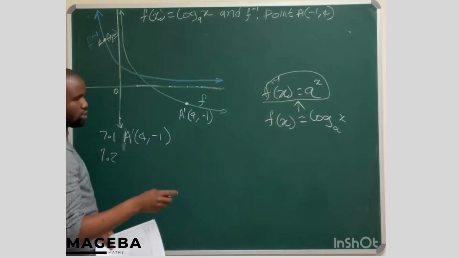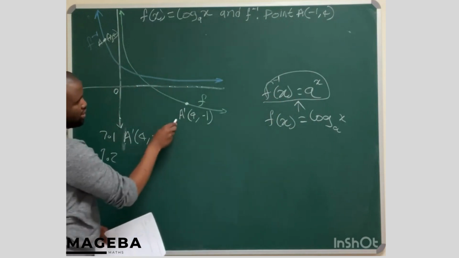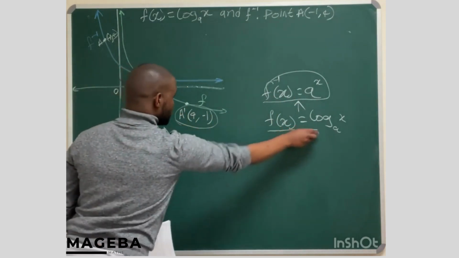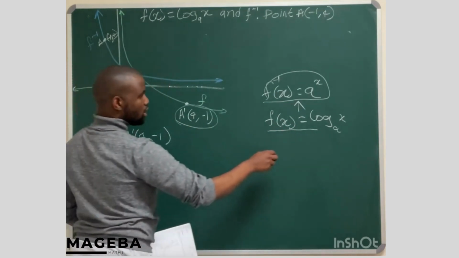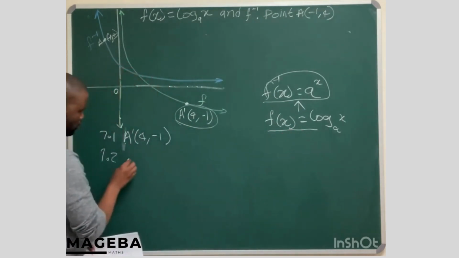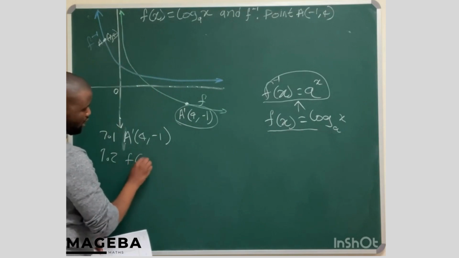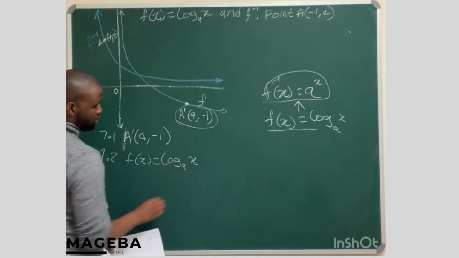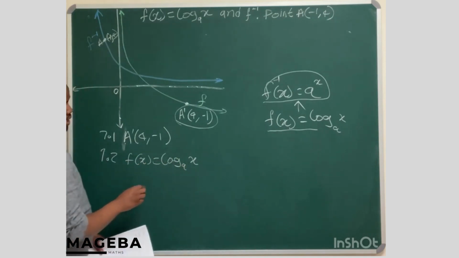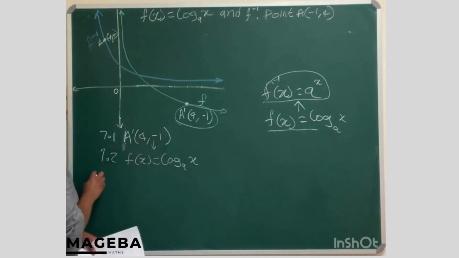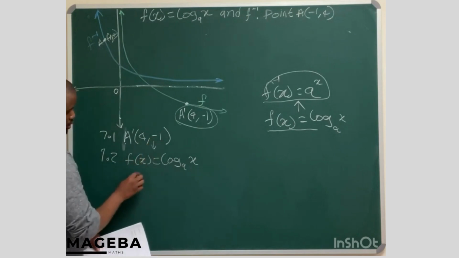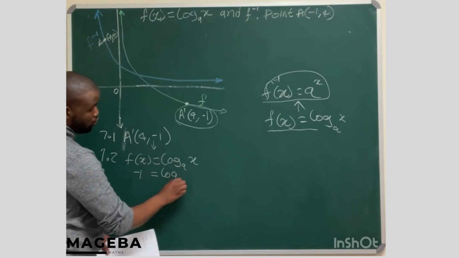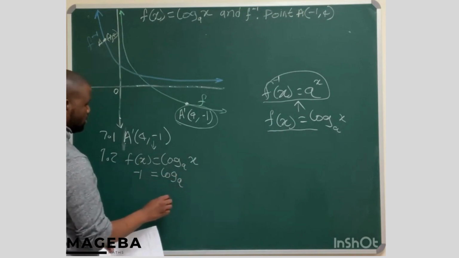And then this one, which is my f, is going to act as this function. So let me just use this function, which is f of x equals log a of x. If I substitute the coordinates here, my y is -1 equals log a of x, which is 4.